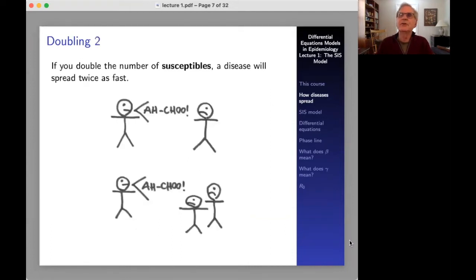The second part of their idea is perhaps a little less intuitive. It is that if you double the number of susceptibles, the disease will spread twice as fast. Here's an infective sneezing and infecting one person. If there's twice as many people running around when he sneezes, he could infect two people.